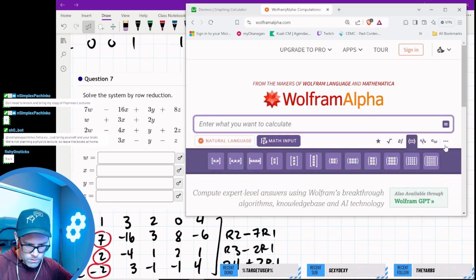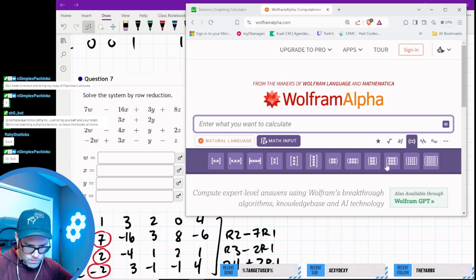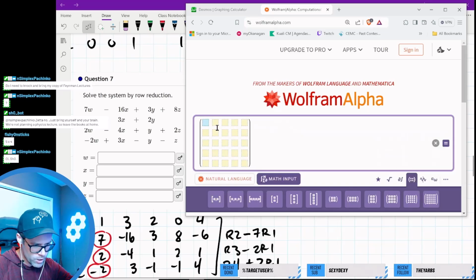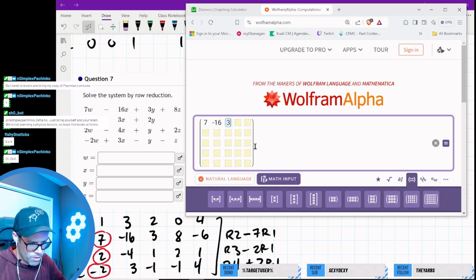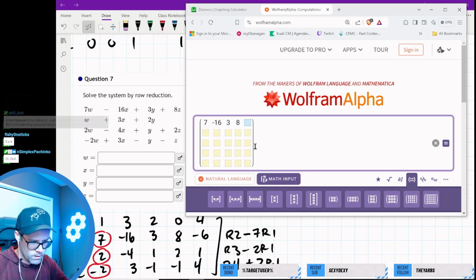Wait, how does this... It only has square matrices. Can I just put it in here and it knows what I want? Like 7, -16, 3, 8.